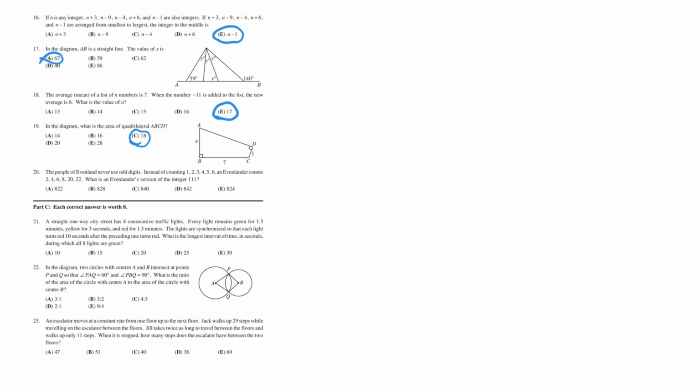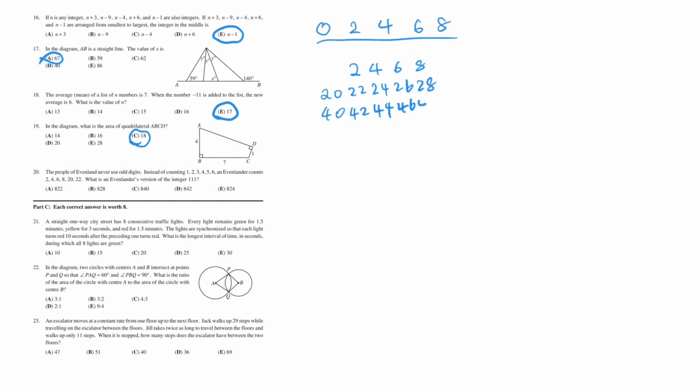So the even digits are 0, 2, 4, 6, 8. Because they only use the even digits, their numbers are 2, 4, 6, 8, and then 20, 22, 24, 26, 28, then 40, 42, 44, 46, 48.